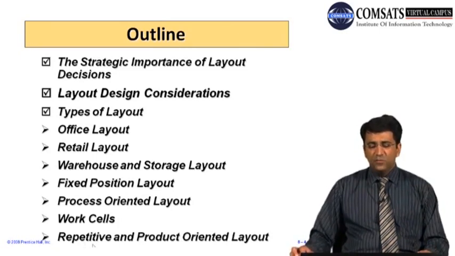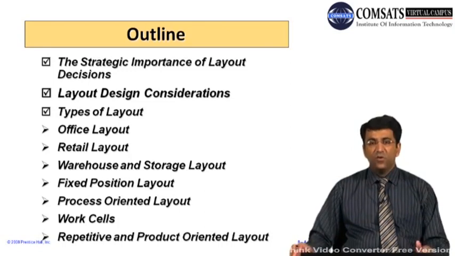Another type of layout is the repetitive and product oriented layout. In this type of layout we are interested in repetitive and continuous production. So these are the different types of layout we will discuss in today's lecture.